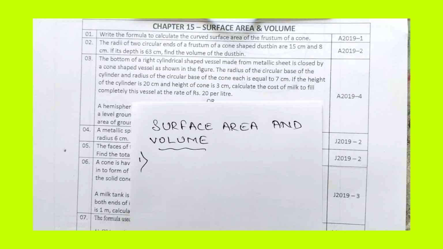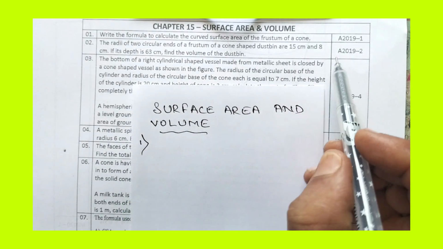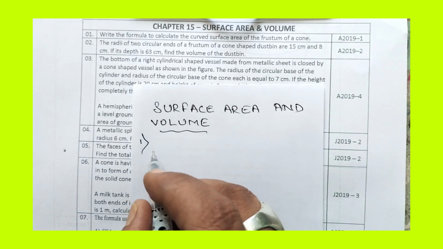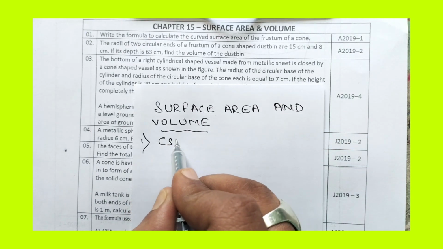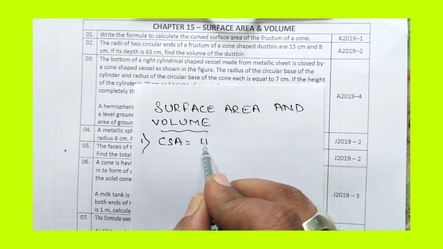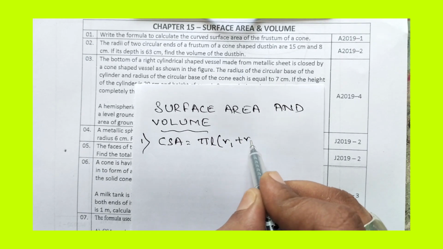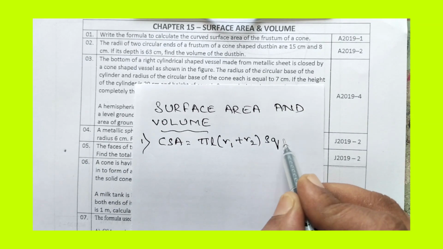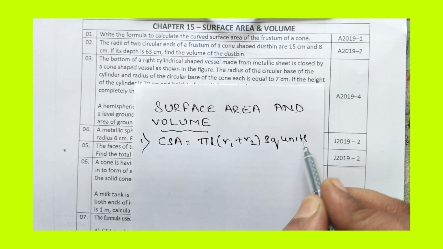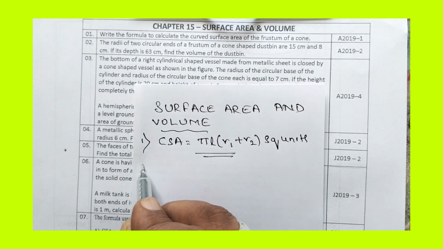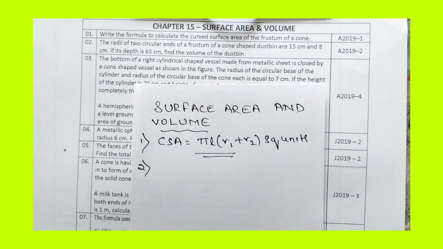It is a 1 mark question. Now let us write the curved surface area. CSA is equal to pi L into (R1 plus R2) square units. So this is the formula to calculate the curved surface area of a frustum of a cone.